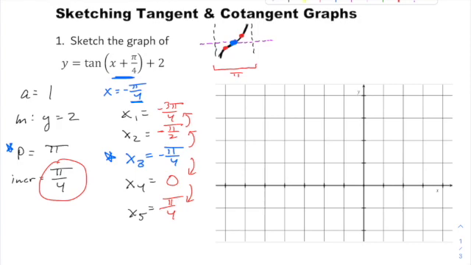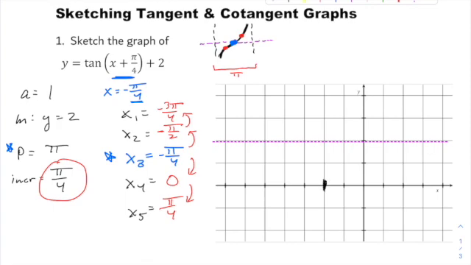Okay, so now let's actually put it all together here. The midline is y equals 2. Okay, so there's our midline. Let's space out these x values on the x-axis. We have an increment of pi over 4. So I think we should be able to go every 2 boxes is pi over 4.